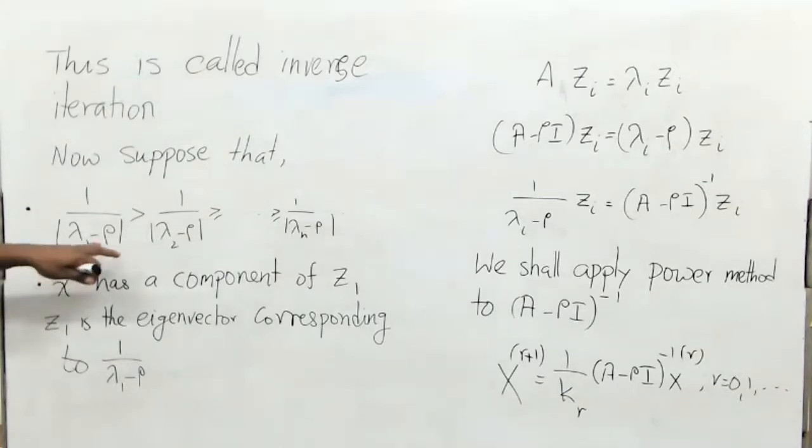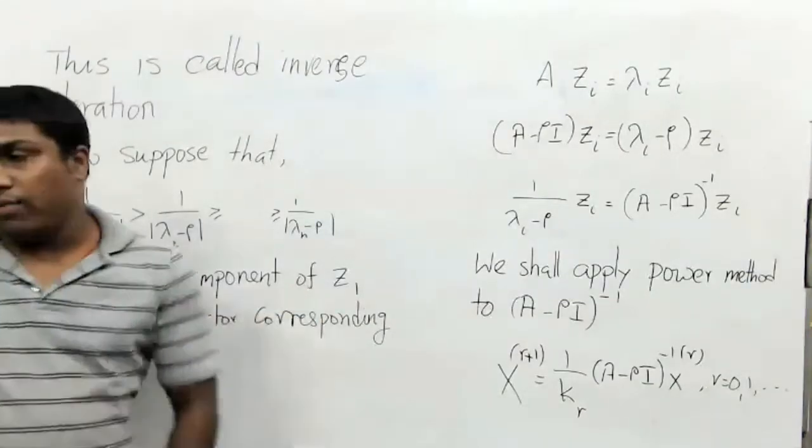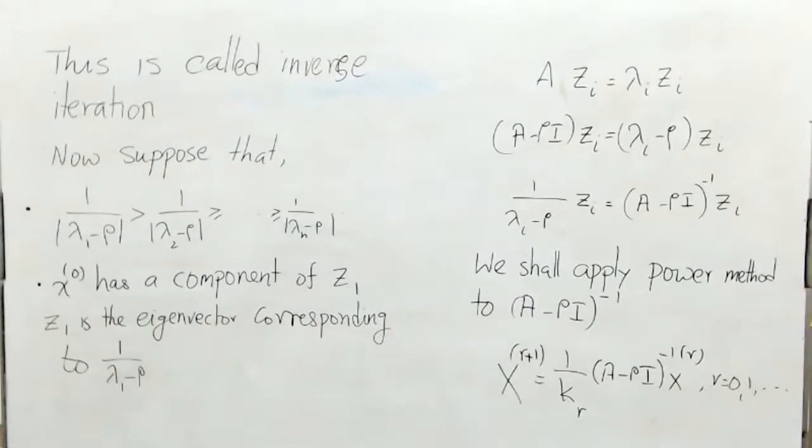Let us assume that the eigenvalues are arranged in non-increasing order. At the same time, similarly to the power method, here we assume that the eigenvector z1, corresponding to the first eigenvalue 1 upon lambda 1 minus rho, is a component in the initial value.